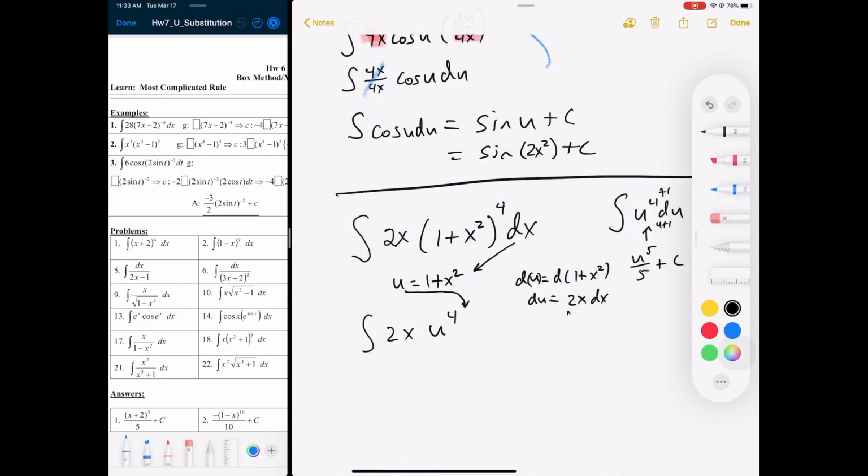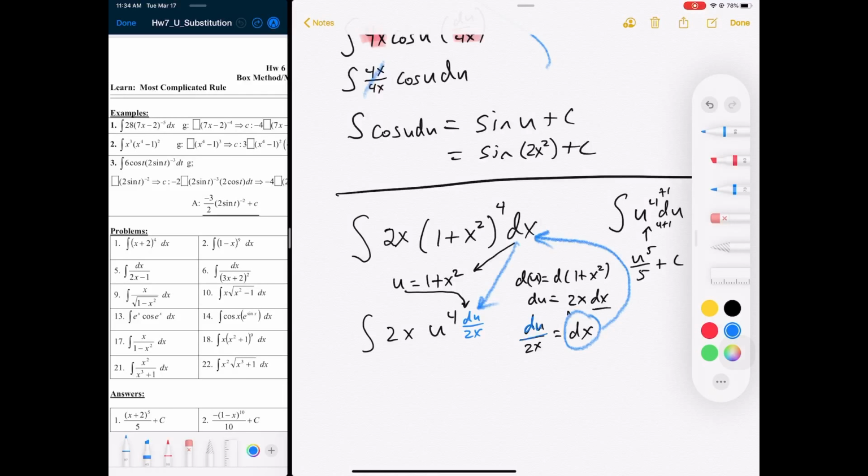Okay, now that we know this, we can solve for what dx is. dx is du over 2x, by dividing the 2x to both sides. Now we can substitute dx. That becomes du over 2x.